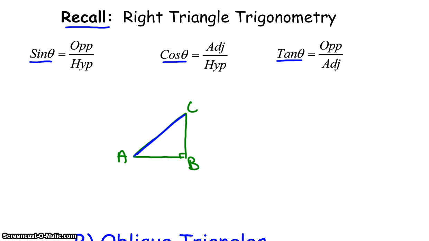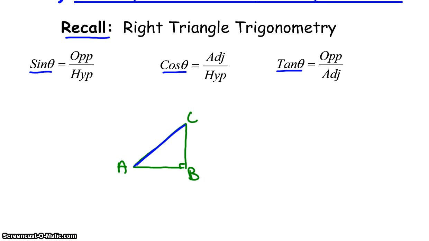Now, I have a triangle drawn here for you to look at. Normally we see right triangles given as angle A, angle B, and angle C, where C is the angle of the right triangle, and its opposite side is little c, the hypotenuse.